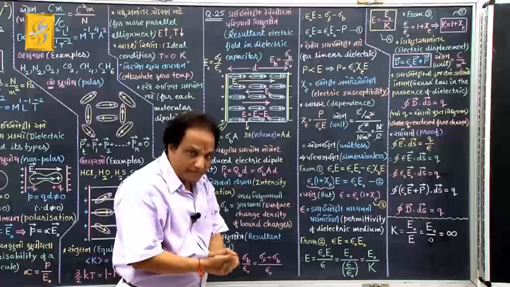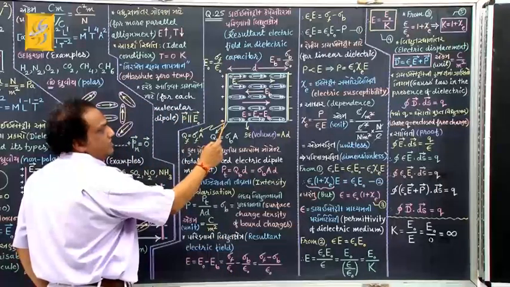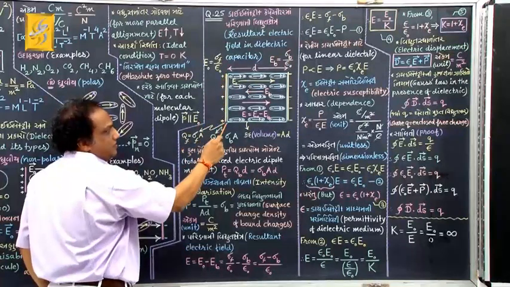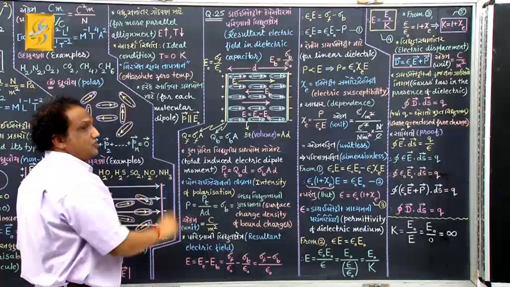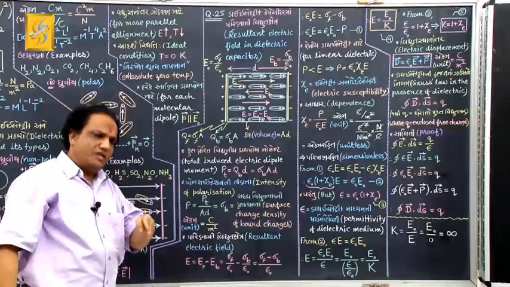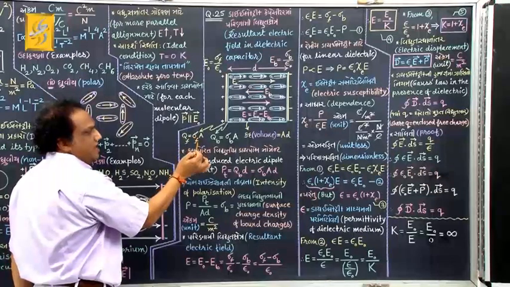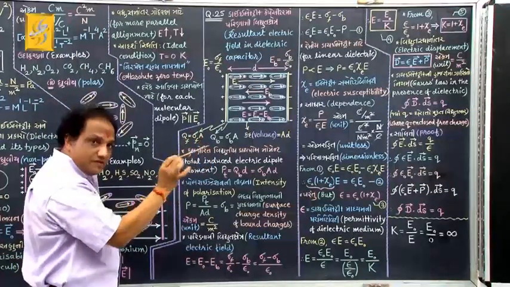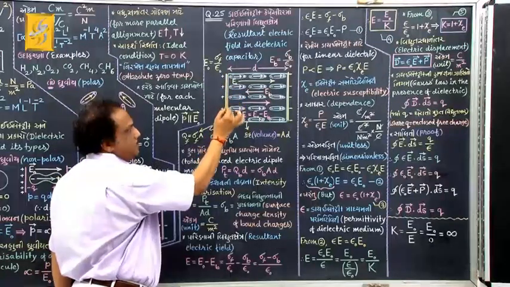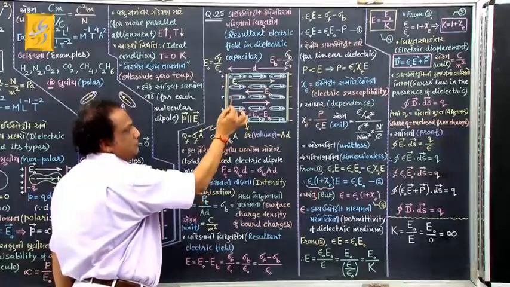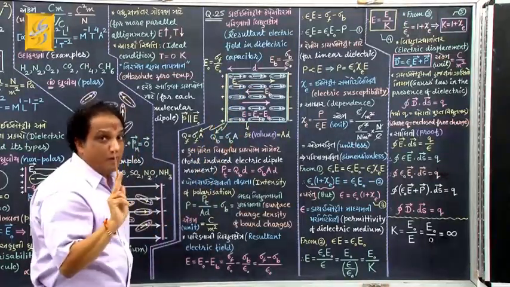Correct? Fine. And now tell me, if somebody asks you what is the total free charge on one plate of a capacitor? In case of surface charge distribution, what is the formula for charge? It is surface charge density multiplied by area. Here QF, then you should write sigma F into area A. Similarly, if somebody asks what is the total bound charge, these charges, which remain very much bound with the surface, are called bound charges.